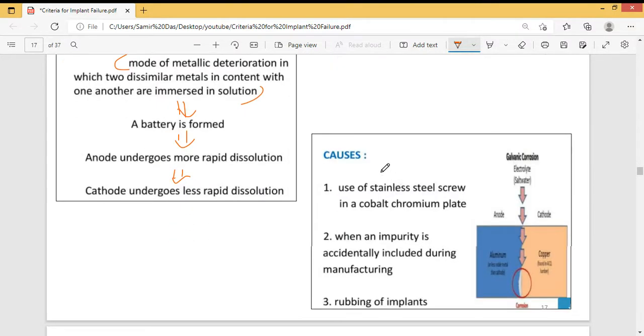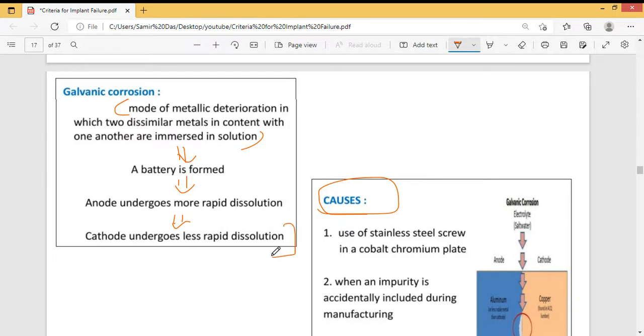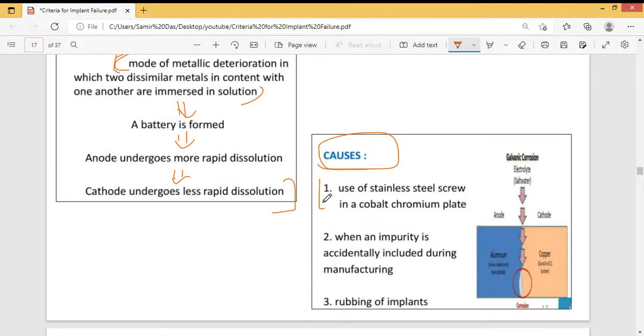Causes: use of a stainless steel screw in a cobalt chromium plate, an impurity accidentally included during manufacturing, or rubbing of the implant. So this is the scenario of galvanic corrosion as well. This is the method of checking galvanic corrosion, and it is mentioned here.